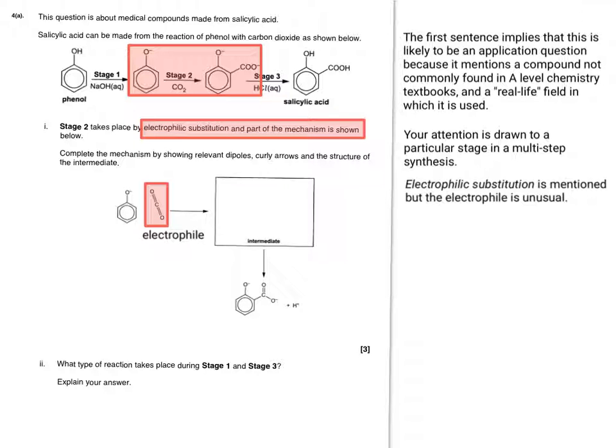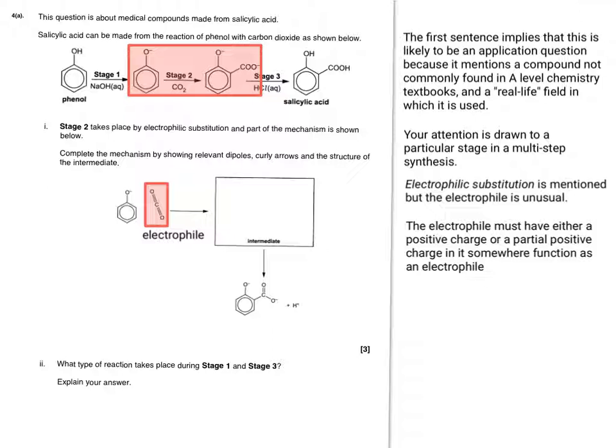So you may remember that this relates back to our learning aim at the beginning of the homework, which was to look, for A grade, at unusual electrophiles and see if we can apply our ideas across. So it's telling you it's an electrophilic substitution. So it's saying to you, you can use the mechanism that you've learned from your flashcards, but just apply it to this particular electrophile.